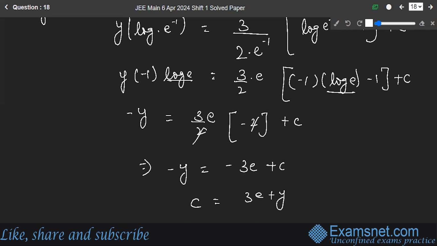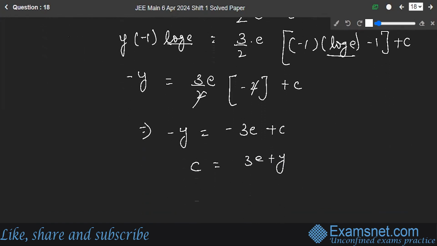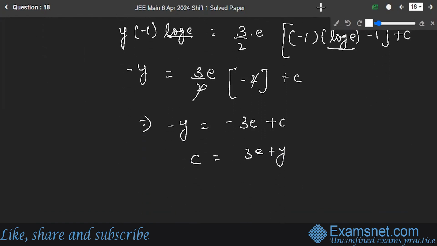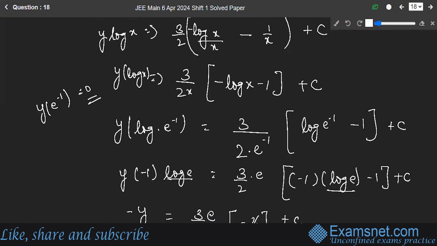And one thing, the y was equal to 0. So it will be 3e only, minus 3e minus y it was. Okay, so there is something I missed. Here was the negative sign, and it has to be here.